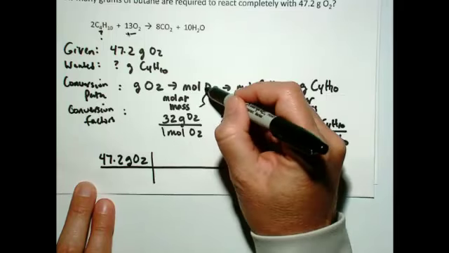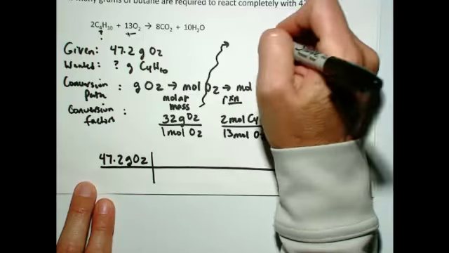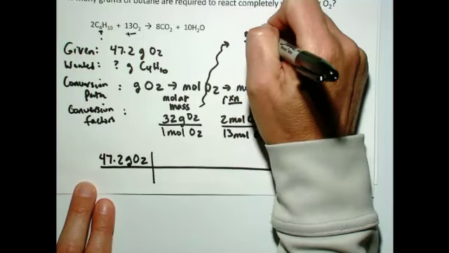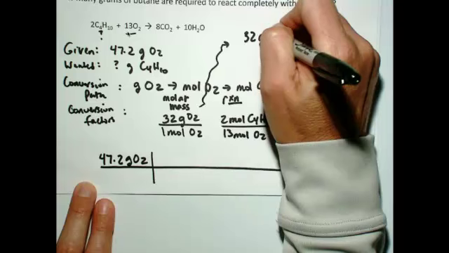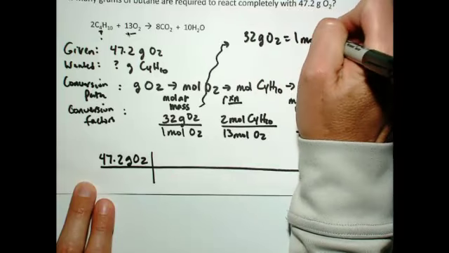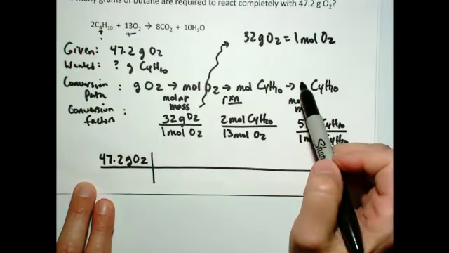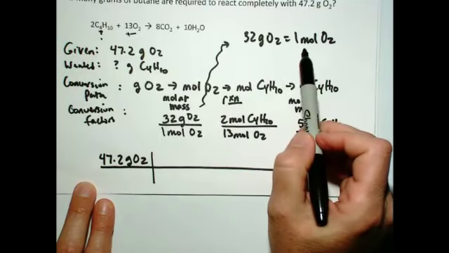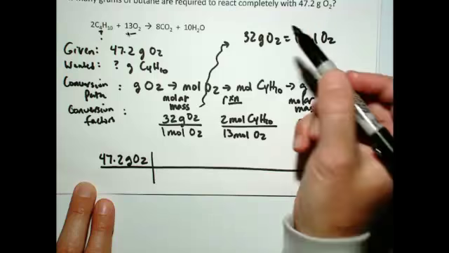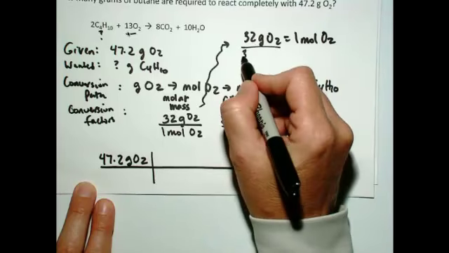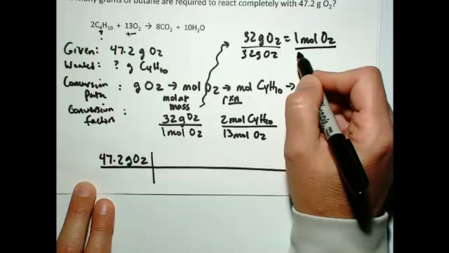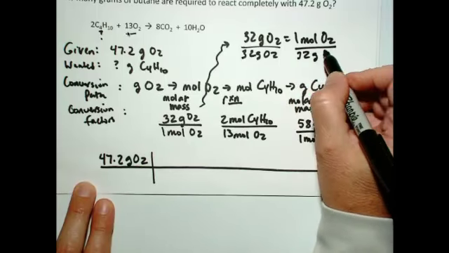Let me point this out up here. What it means is that this 32 grams of oxygen always equals 1 mole of oxygen. So I can write it as 32 grams per 1 mole, or I can divide both sides by the 32 grams and write it as 1 mole per 32 grams.